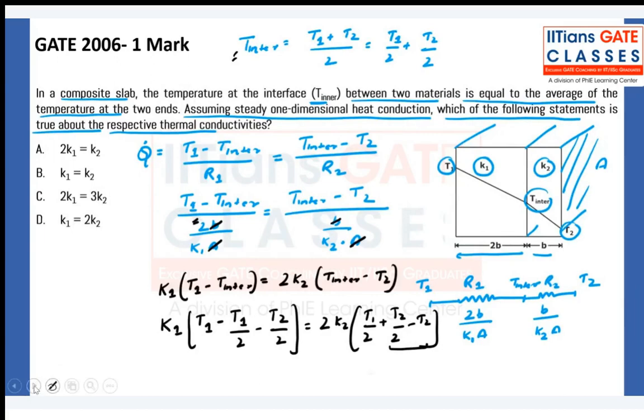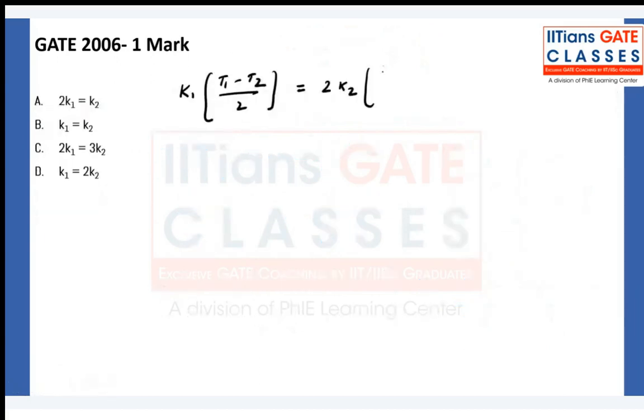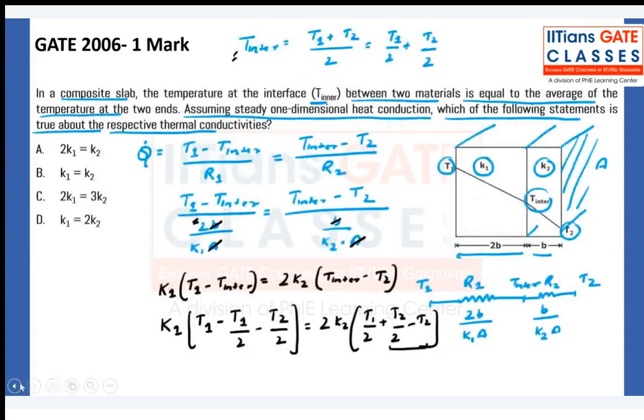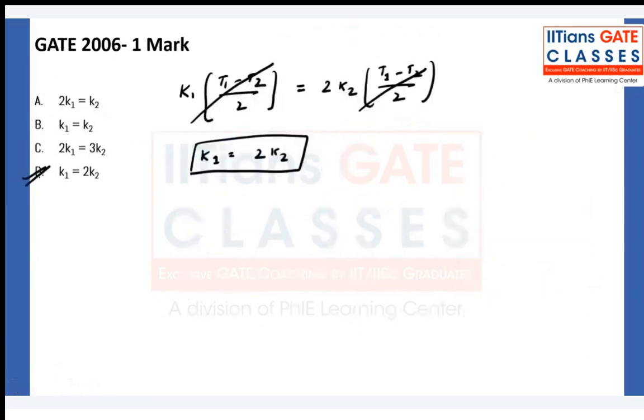So this is again (T1 minus T2) by 2. So this will get cancelled. K1 is equal to 2K2. So this is the relationship between the thermal conductivity of these two bodies. Is it clear? So the right answer is D. Shruti, Vijaya, is it clear?